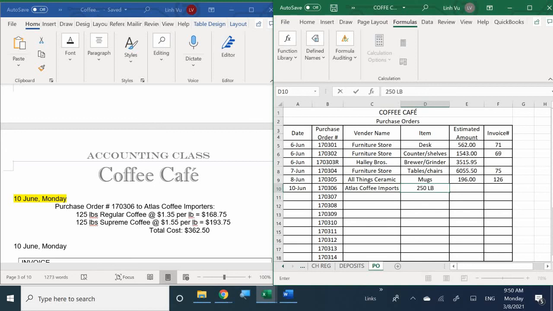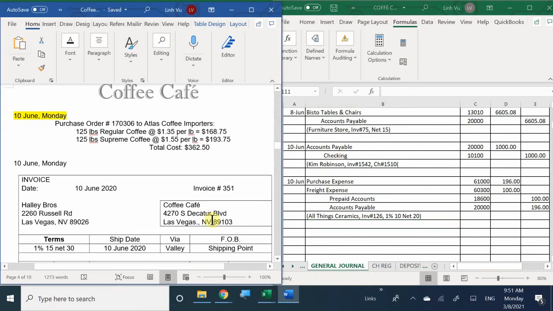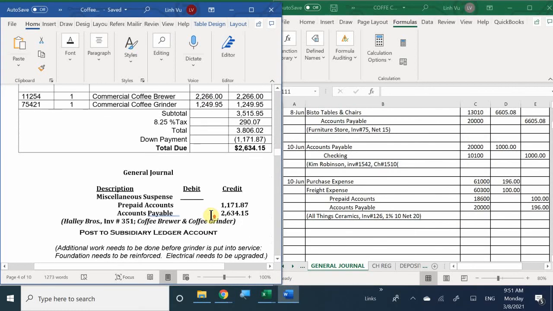I bought 250 pounds of coffee, costing me a grand total of $362.50. That's it. It's just a purchase order. Nothing is set. I didn't receive the items. So go back to my journal. All right, so let's see.